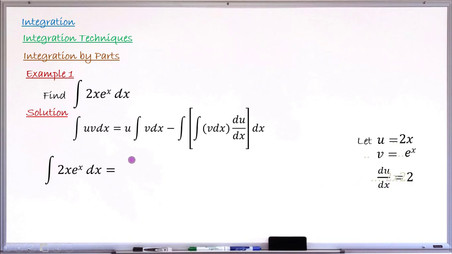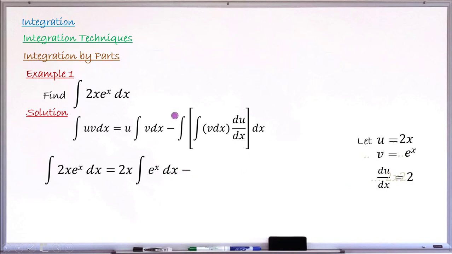If I start with the very first part, u multiplied by the integral of v dx, I'm going to have 2x multiplied by the integral of e raised to x dx. The 2x is your u, look at it here, and the e raised to x is your v, look at it here, then dx, minus.